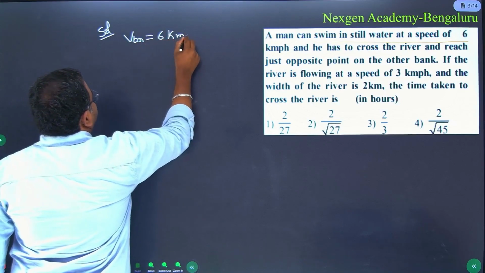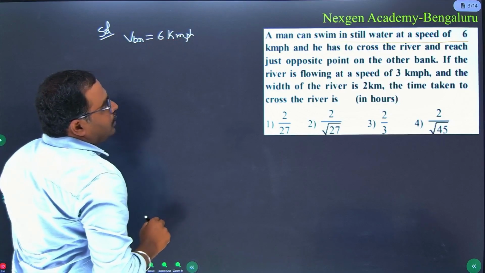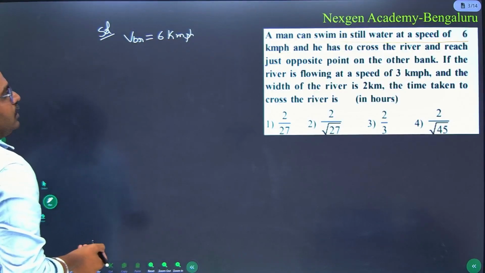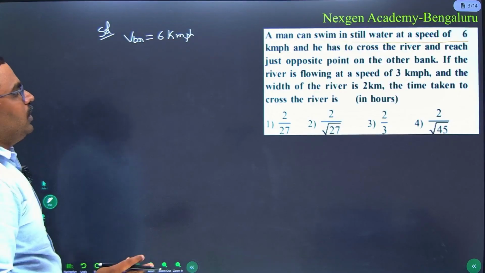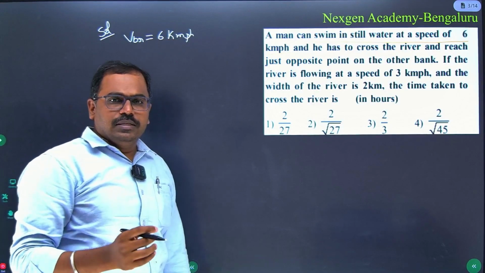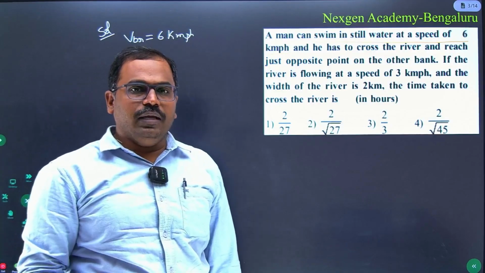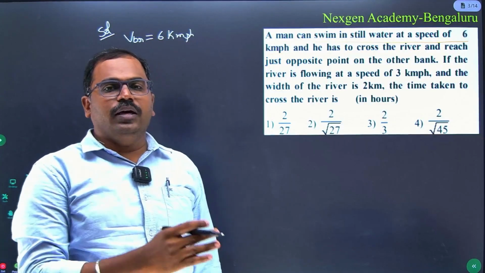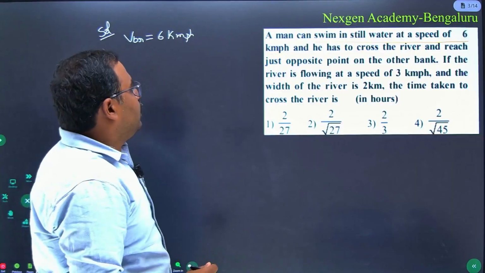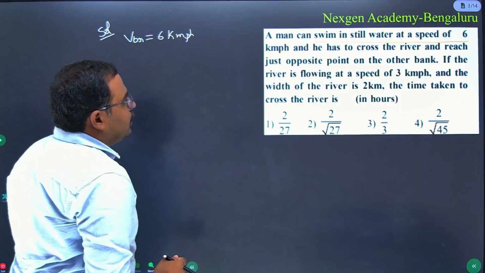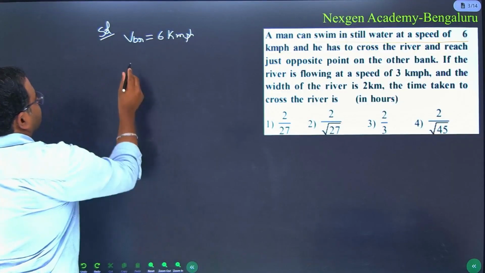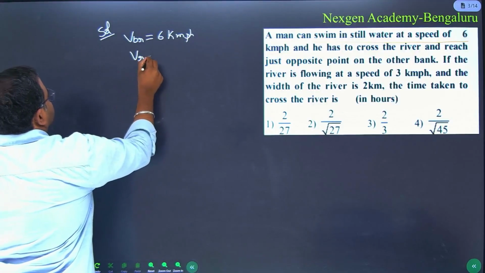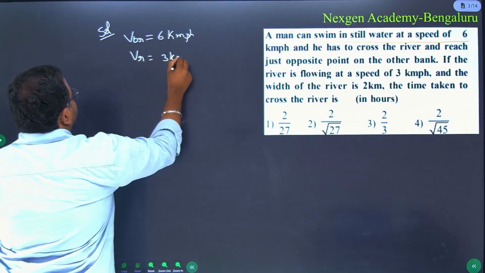He has to cross the river and reach just opposite point on the other bank, which means is it the shortest path or shortest time? It is the question related to shortest path because the person has to reach the opposite bank. Next, the river is flowing at a speed of 3 kilometers per hour, so velocity of the river is equal to 3 kilometers per hour.